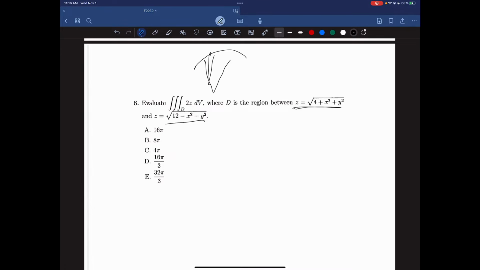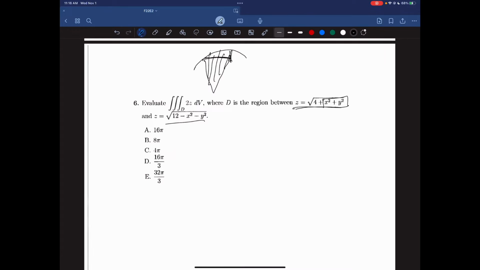Z is going to be kind of this thing right here, and then for r, we actually need to find the intersection between the two surfaces, and we can do that pretty easily. So I'm just going to sub in r squared for x squared plus y squared, just to make it a little bit easier and to find the r value. We know r is going to start at 0, but we need to find the ending value.